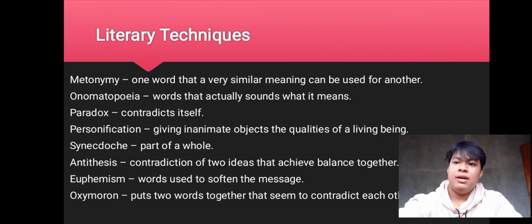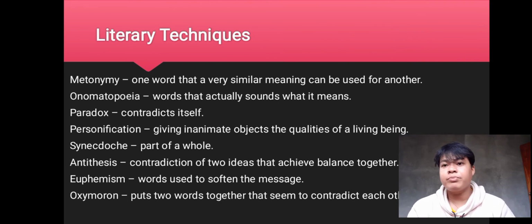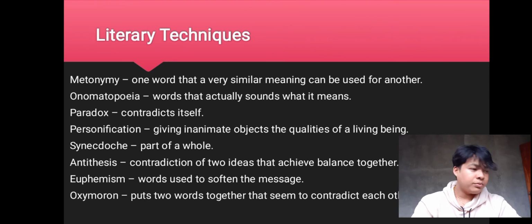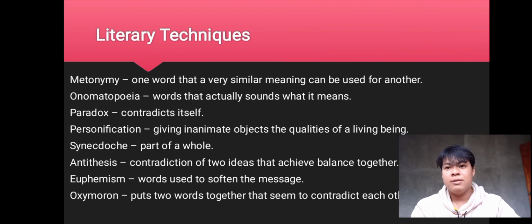Next literary technique is personification. Personification is giving inanimate objects the qualities of living beings. Inanimate objects or non-living things, you give life to non-living things. For example, the bus is driving too fast.